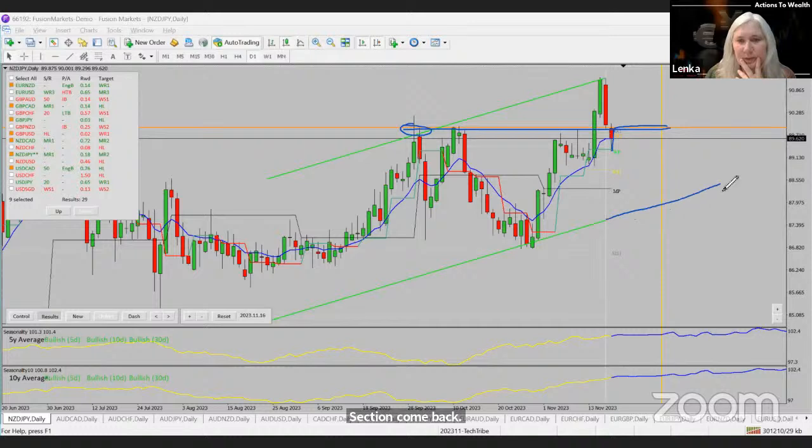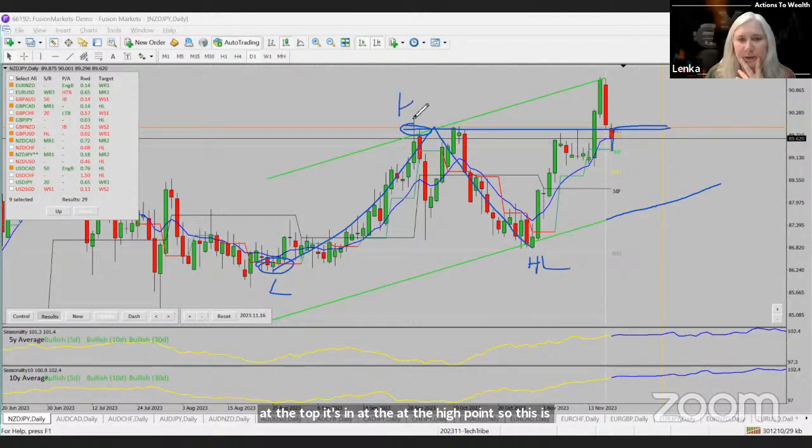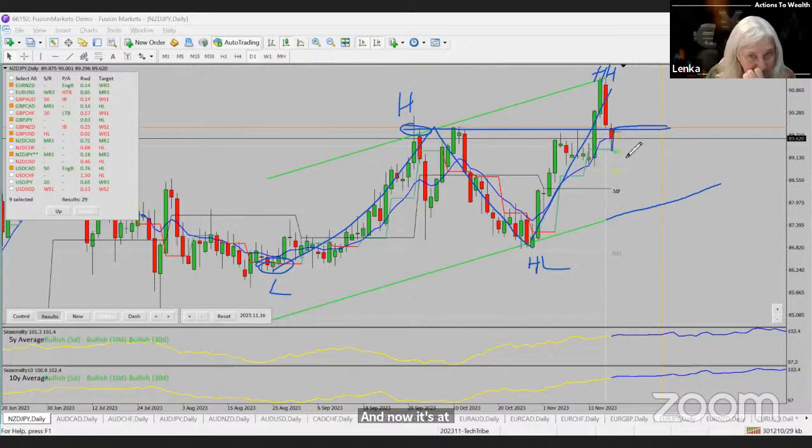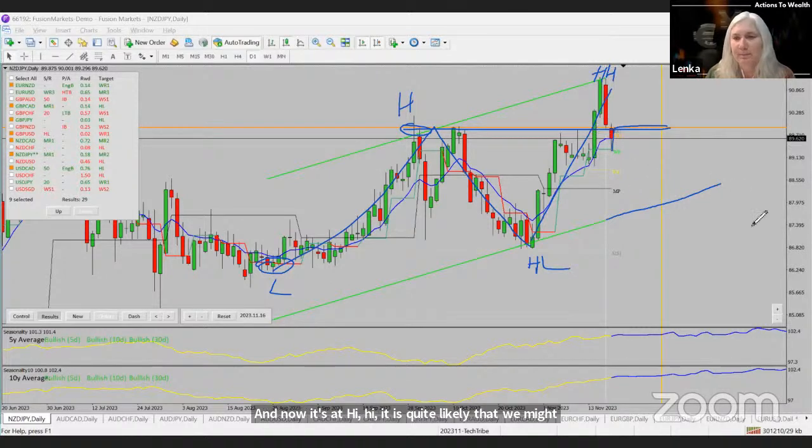Otherwise, price might just continue back to the bottom of that channel. Because it's at the high point, if this is our low, high, higher low, and now a higher high, it is quite likely that we might have price pull back all the way to the bottom.